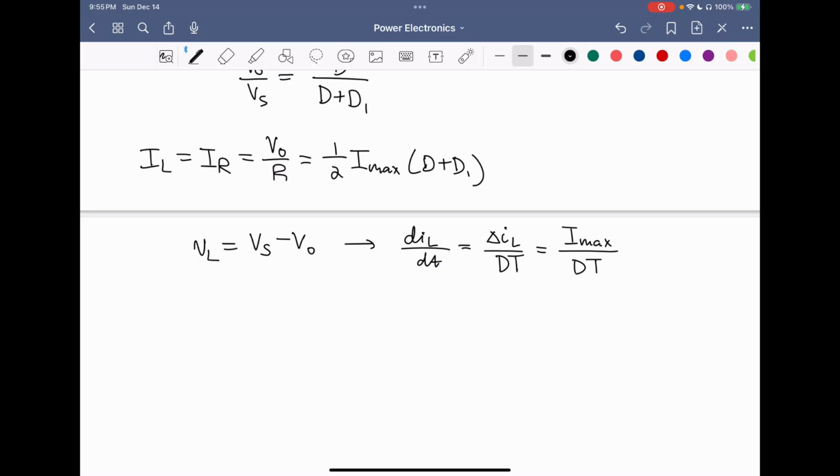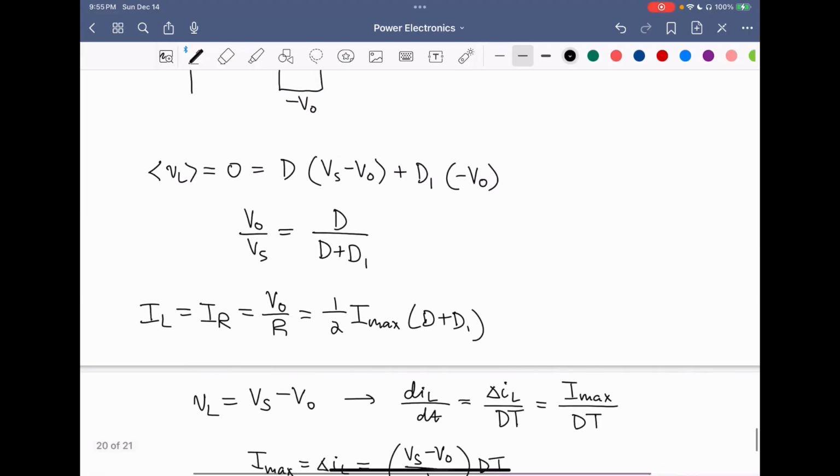So therefore, I max equals delta IL, and delta IL we had found before is equal to Vs minus Vo over L times the time interval dt.